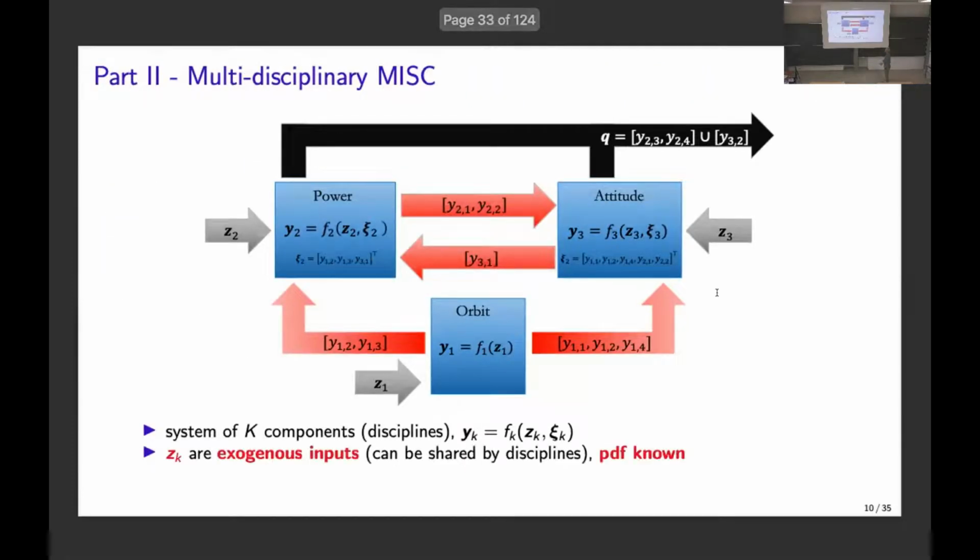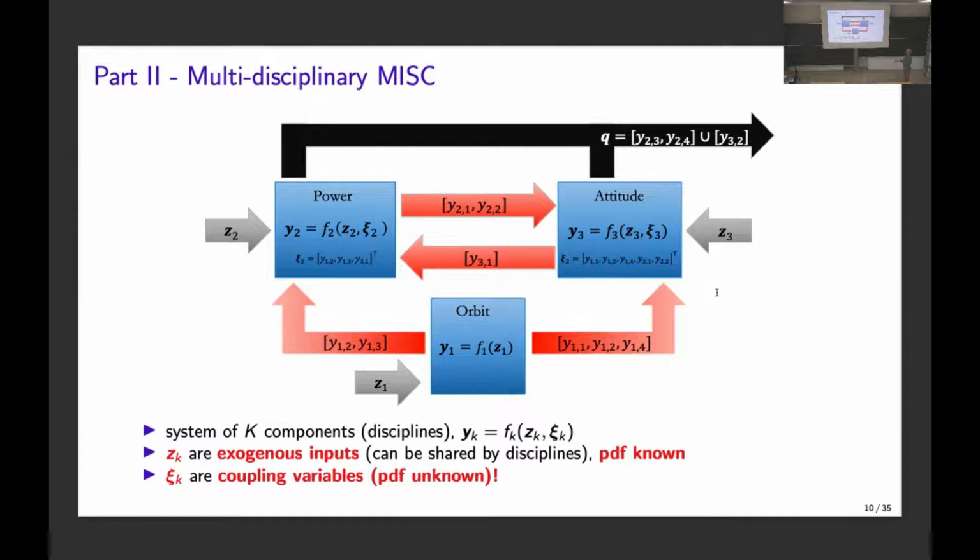Here. So I have K components or disciplines. Each component depends on a bunch of random variables, Zk. Some of them might be common, by the way, between the different components. The PDF of Z is known because it's an exogenous input. All disciplines also exchange some quantities.